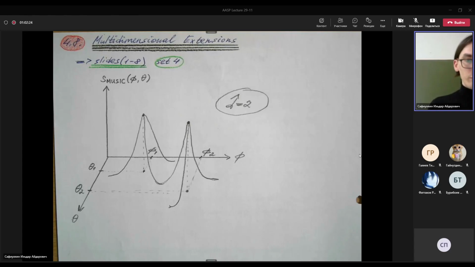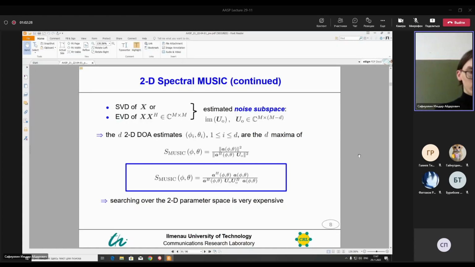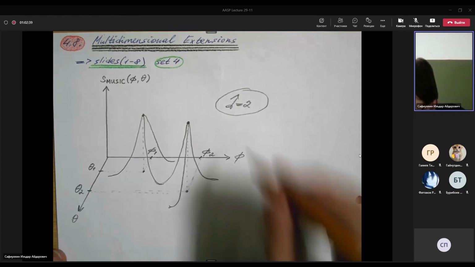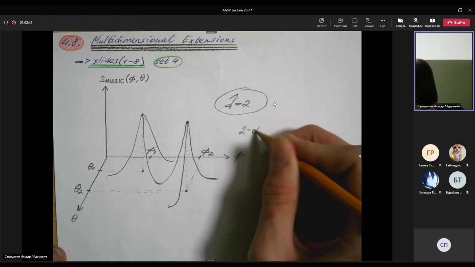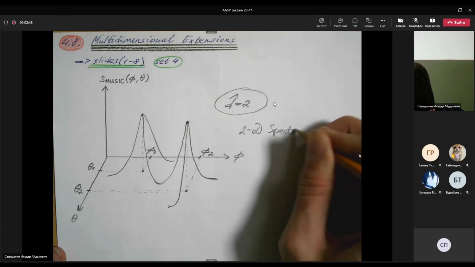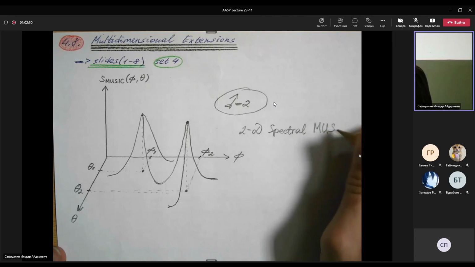That's for the MUSIC algorithm. Maybe we can add here 2D spectral MUSIC.